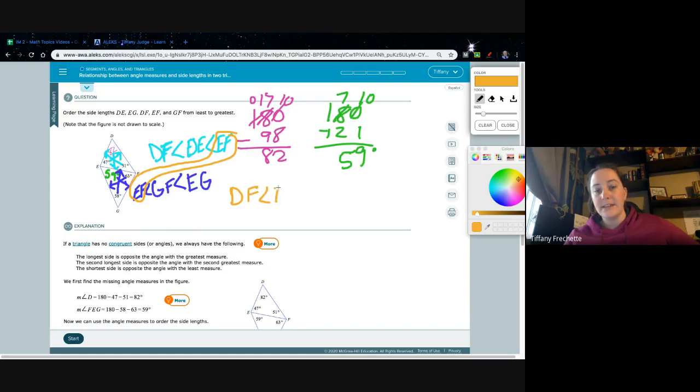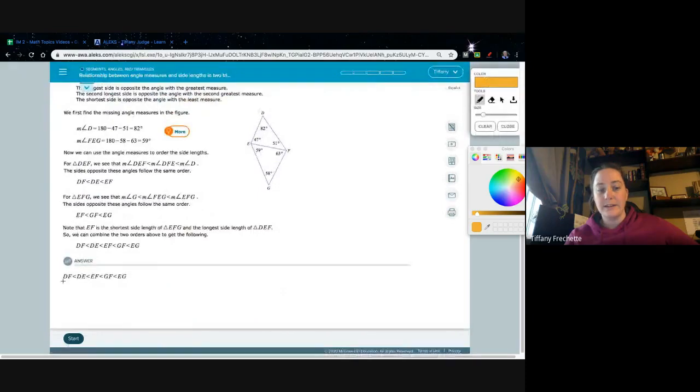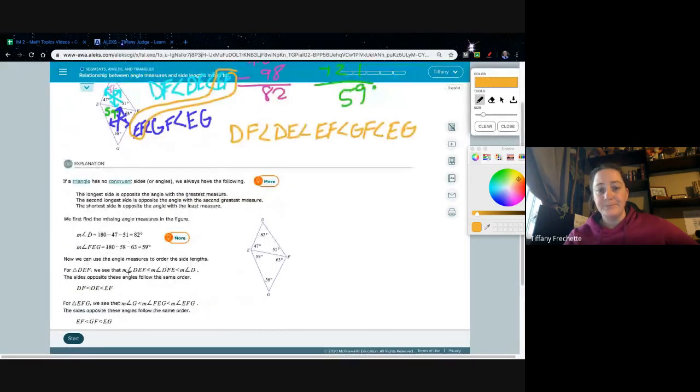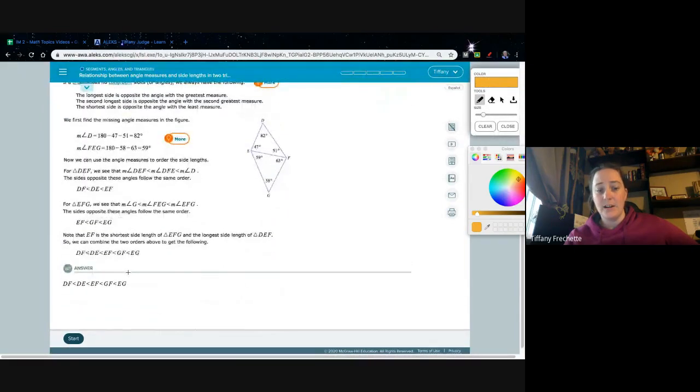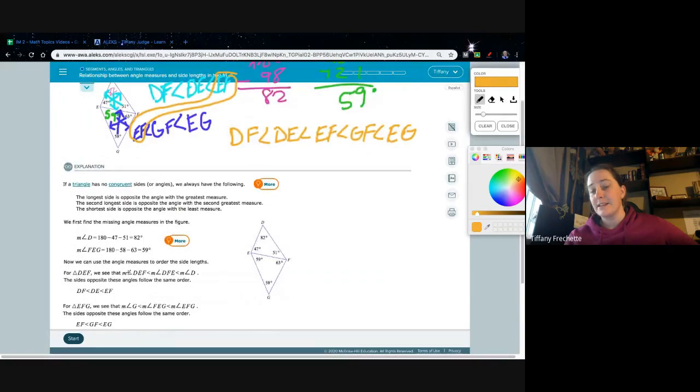So DF is less than DE, which is less than EF. And instead of writing EF again, I've already written it, so I'm just going to continue writing this: GF and then EG, like this. If we scroll down to the bottom here, that's exactly what they have. They have this nice long list.